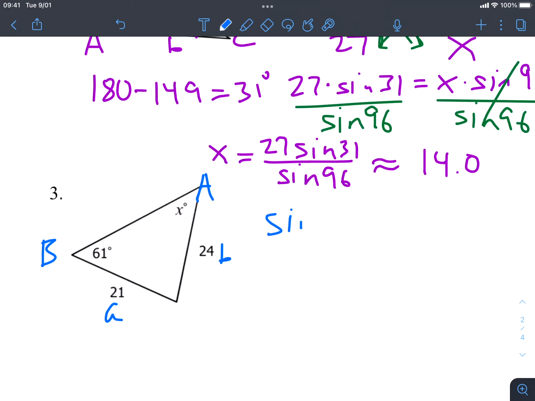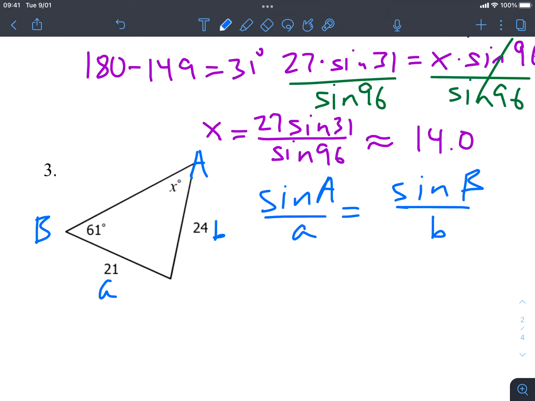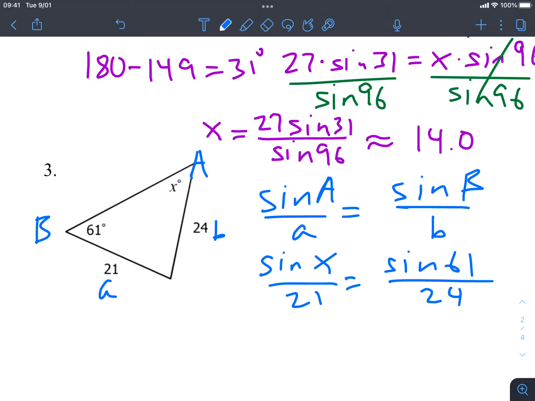So sine of A over A equals sine of B over B. Now, I'm going to plug in my values. So angle A is x, and side A is 21, and angle B is equal to 61 degrees, and the side length is 24. Well, just like before, if I want to get rid of something, I have to do the opposite operation.